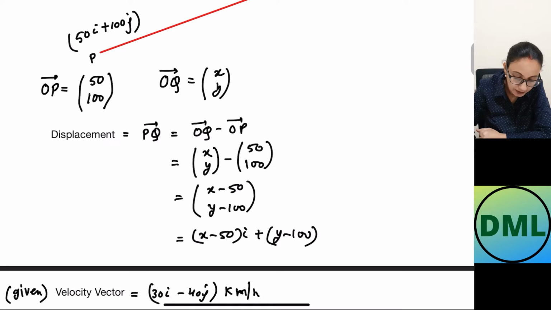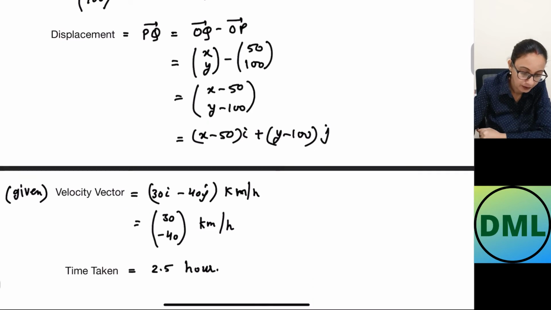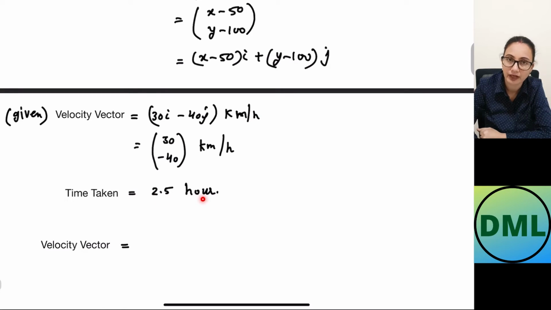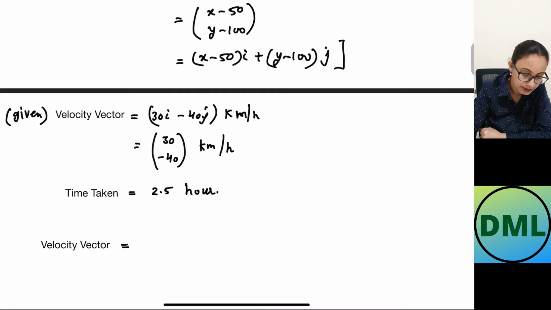Now they have given us the velocity vector 30i minus 40j kilometers per hour, and the time taken is 2.5 hours. Now I need to find my velocity vector, which is displacement over time. This is my displacement, and this displacement is in kilometers.